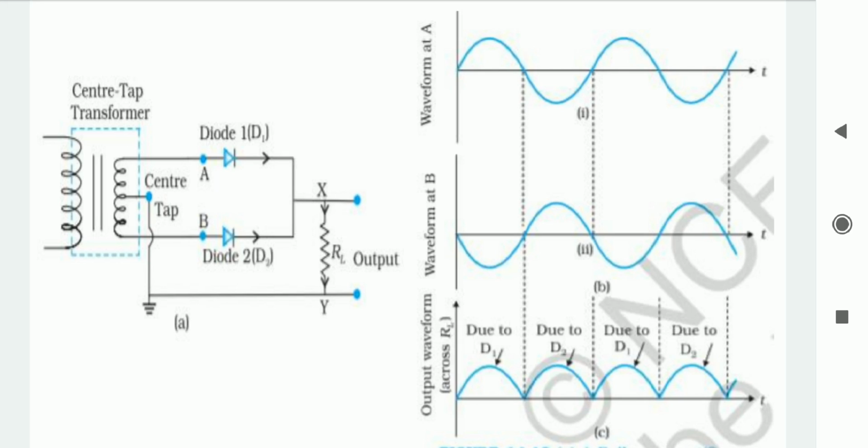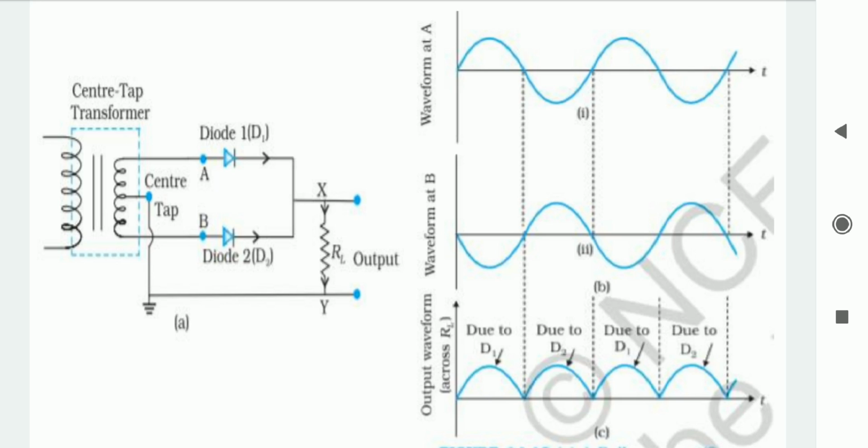But here only half of the transformer winding can be utilized, so transformer efficiency is reduced. Another full wave rectifier can also be utilized, that is the bridge rectifier, in which instead of the center tap transformer we use a regular transformer, but 4 diodes are utilized in a bridge structure.